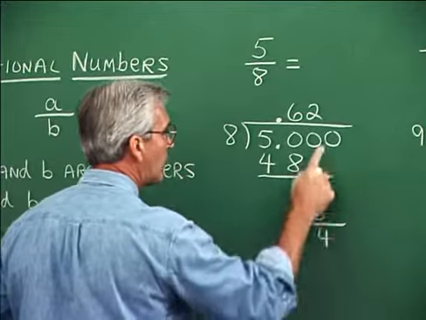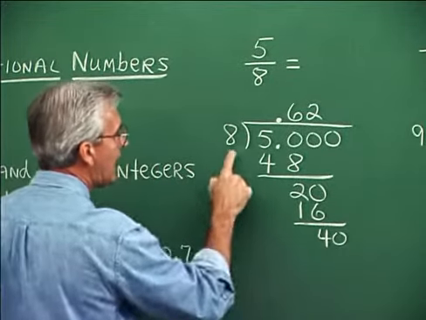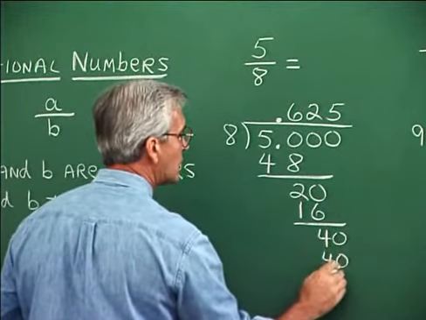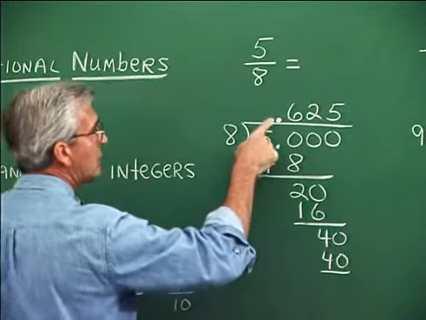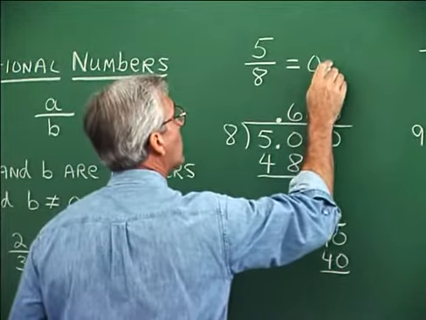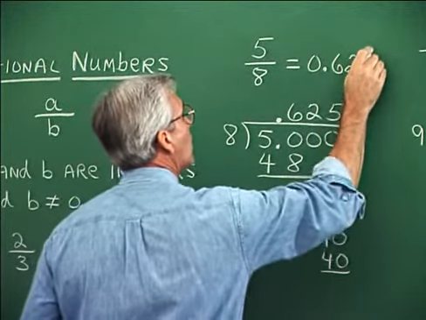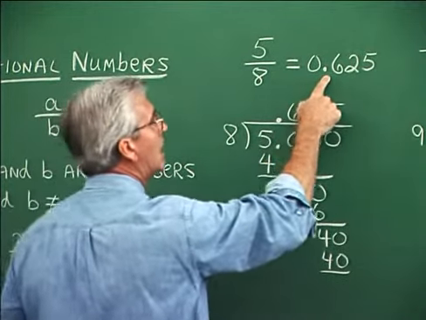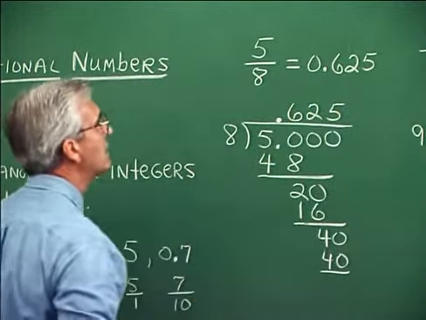Subtract, 4. Bring down the next digit, 0. 8 into 40 goes 5. 5 times 8, 40. The division goes evenly. We are finished. The answer is 0.625. Often you'll see the 0 to the left of the decimal as the proper way to write this in decimal form.